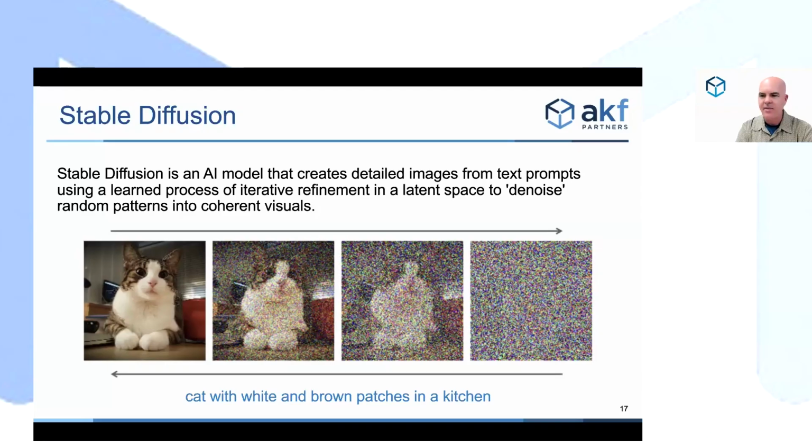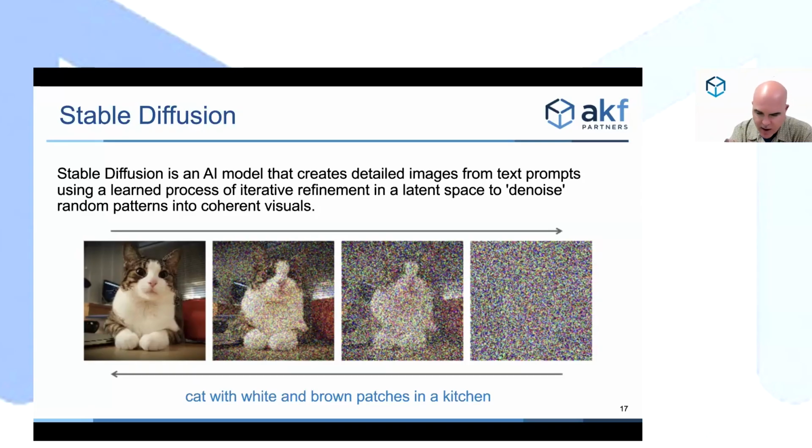So cat with white brown patches in a kitchen, that's the label, and it gets input as part of your parameters. Then they introduce noise. The second image is probably about 10% noise. They say, if I give you this image, turn it back into the original picture. And they keep training it because you can measure that. You can identify a cost function.